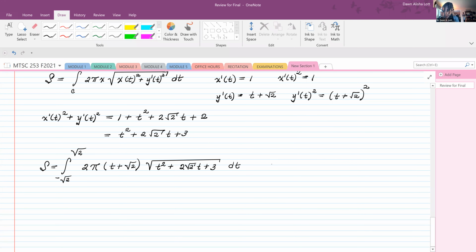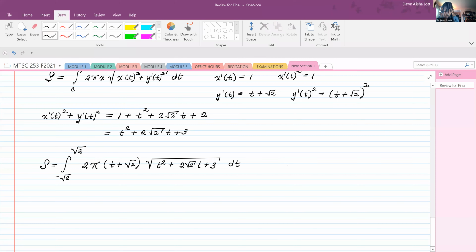So now I would do u substitution. U is equal to t squared plus 2 the square root of 2 times t plus 3. And du is 2t plus 2 the square root of 2.